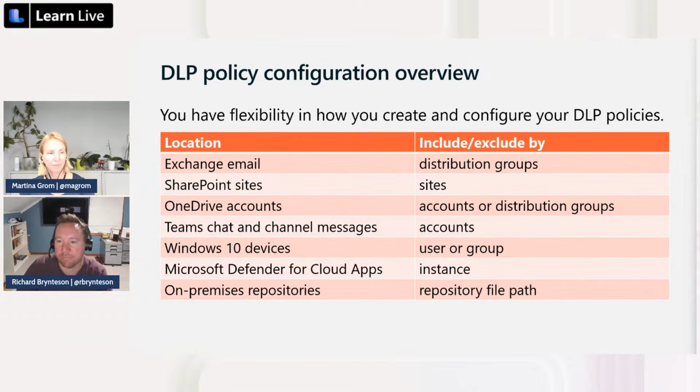Also, from the configuration, look at an overview about what configuration you can do. So for instance, Exchange email, you can include or exclude distribution groups. You can choose what you want to monitor. So you can have a predefined policy template that helps you get started, or you can create a custom policy. So for instance, you can look at predefined policy templates.